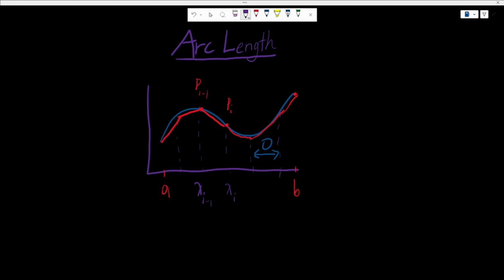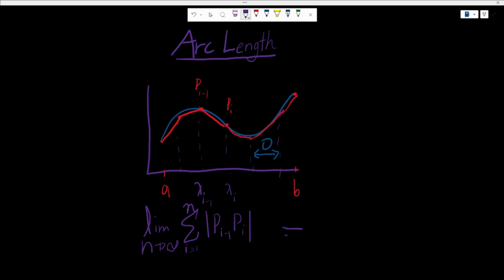So we can just rewrite this whole idea or concept of what we're doing as the limit as n approaches infinity of the sum as i goes from 1 to n of the distance between the point p sub i minus 1 and the point p sub i.